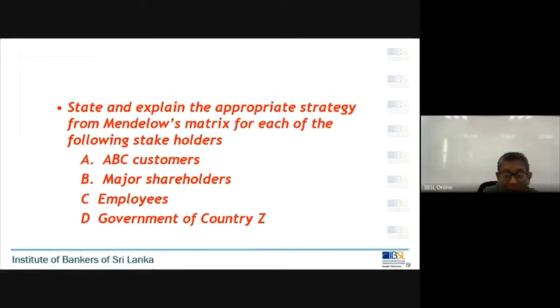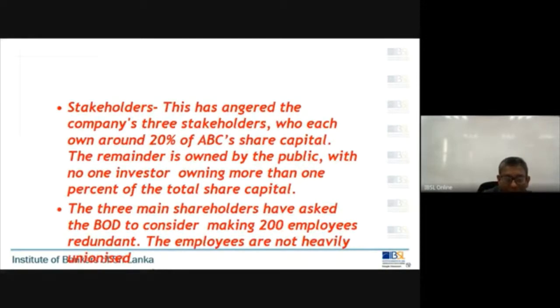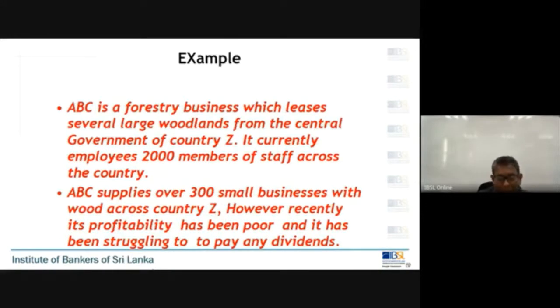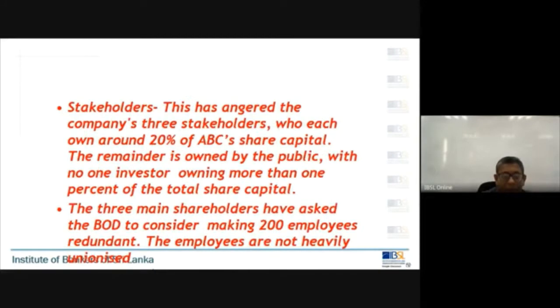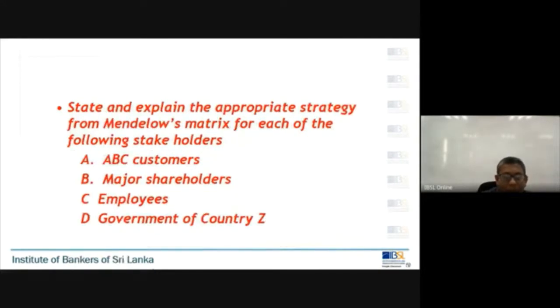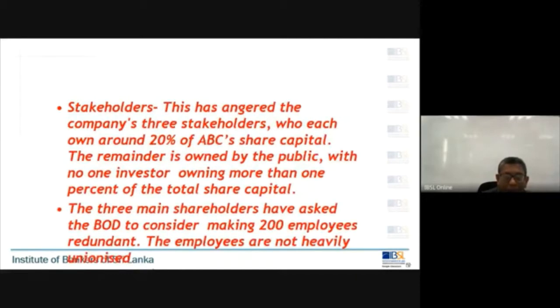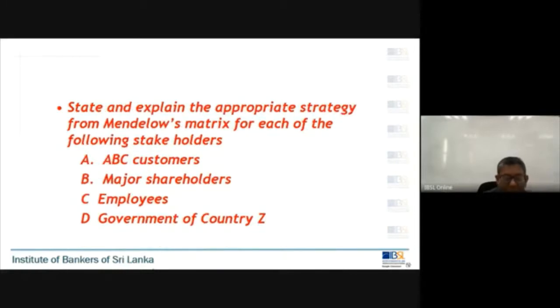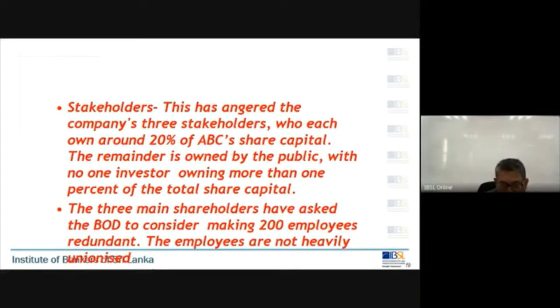Now, in your organization, we have ABC customers. Who are our ABC customers? 300 small businesses. Right? Who are our major shareholders? We have 3 people with 20% of share capital, all others less than 1%. Then you have the employees. Employees are one of our stakeholders, around 2,000 employees, but they are not much unionized.